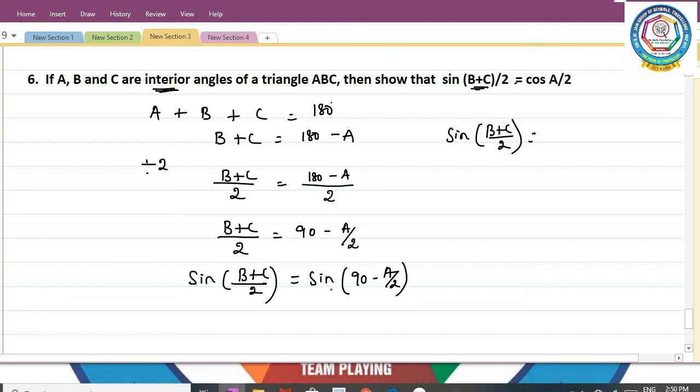What is the complementary angle of sine of (90 minus theta)? Cos. That is, sine of (90 minus theta) equals cos theta. Here theta represents A by 2. So sine of (90 minus A by 2) equals cos of A by 2. So we prove sine of (B plus C) by 2 equals cos of A by 2.